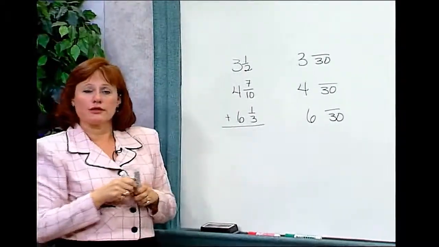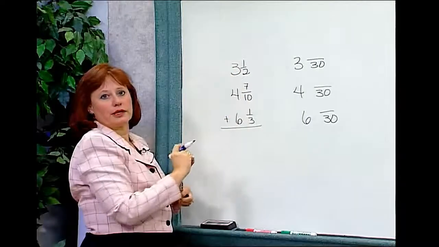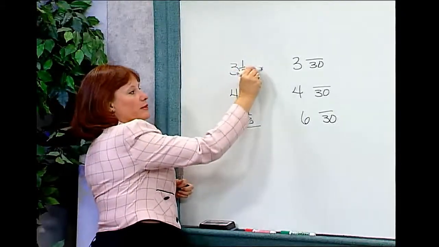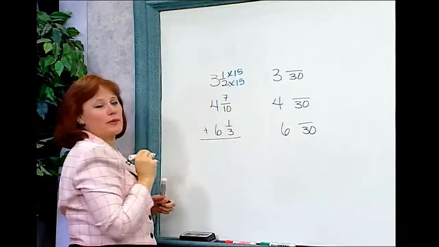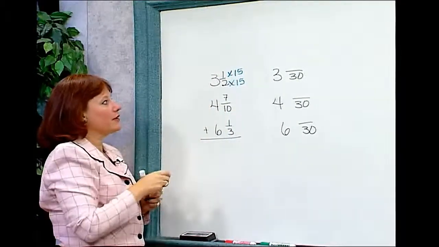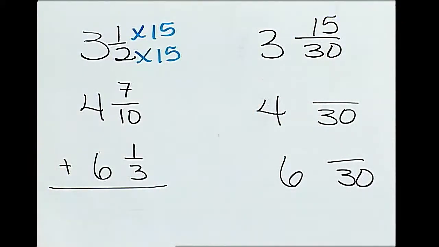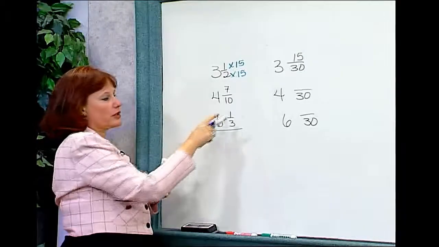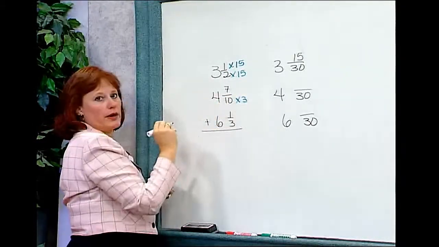When I'm changing this to 30ths, I want to find out what it takes to change a 2 into a 30. I know that I need to multiply it by 15. And if I do so on the bottom, I should do so on the top as well. That would give me a fraction of 3 and 15/30ths. In the next fraction, I want to change 10 into 30ths, so I need to multiply by 3 on the bottom.